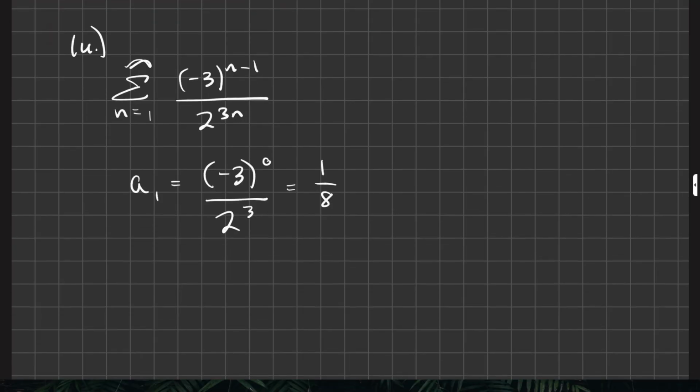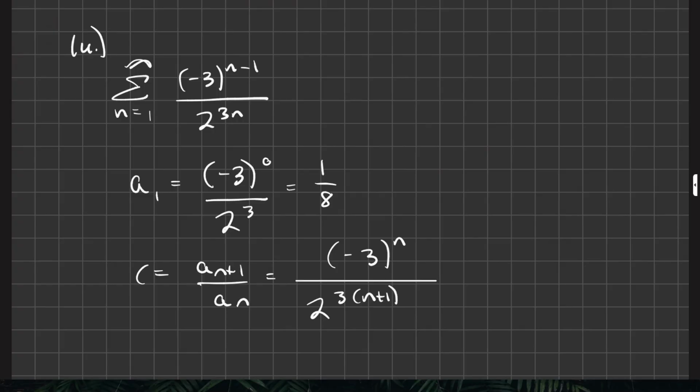And our common ratio is actually given by a sub n plus 1 over a sub n. So we can compute this. This would be (-3)^n over 2^(3(n+1)).